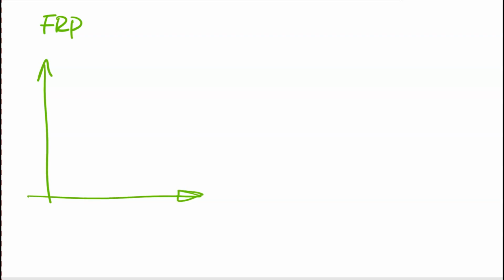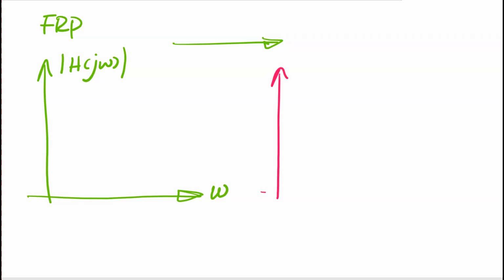So if we are looking at a frequency response plot, then what we have here is omega, and what we have as our gain is the magnitude of H at j omega. Now, if I want to draw the Bode plot related to this frequency plot, what I have to do is use logarithmic axis for omega here.